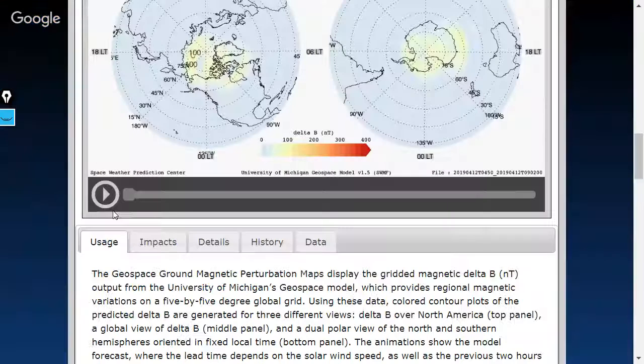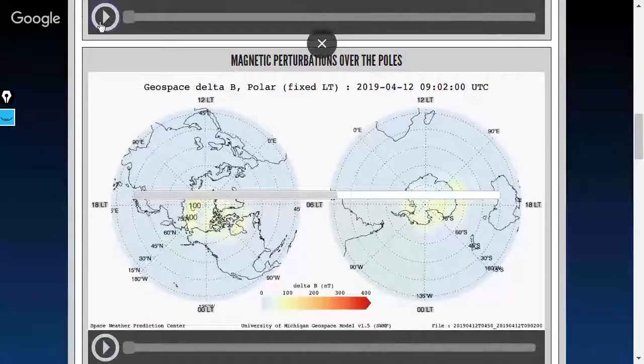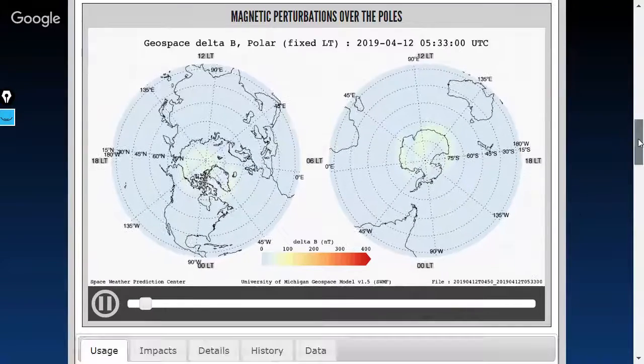Let's look at the ground magnetic perturbations here, as we do most days. First, we'll look at the poles.